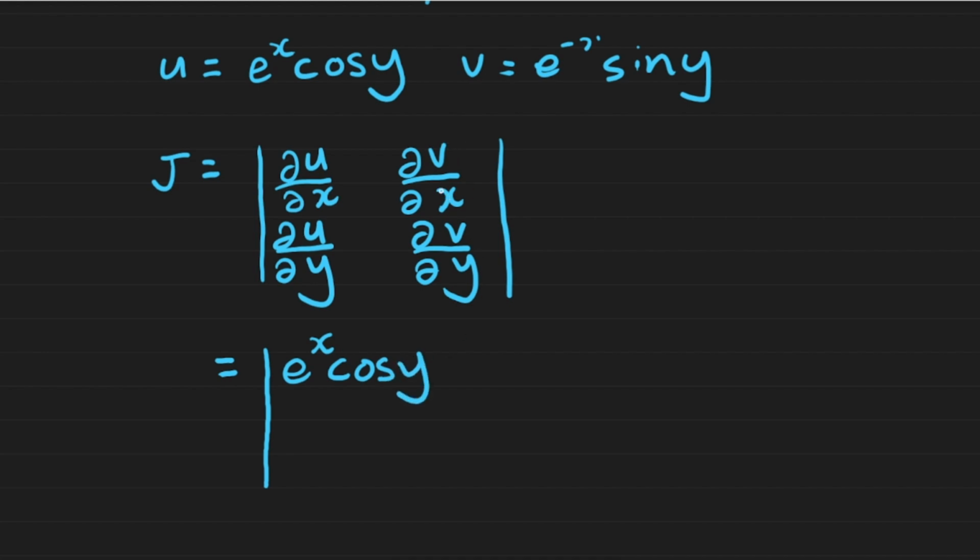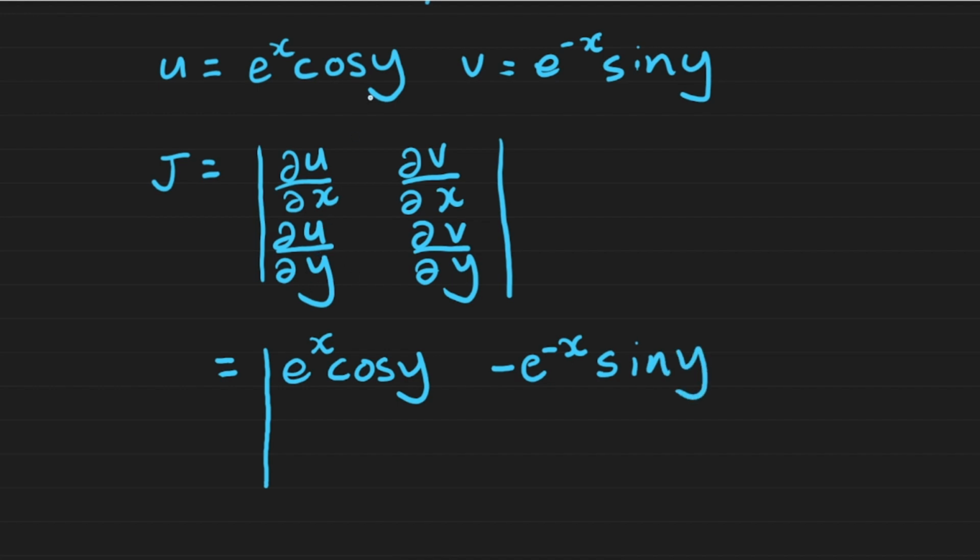Then ∂v/∂x, again, sine of y is going to be held constant, so it's going to be e to the power minus x, and the derivative of the inside function is going to be minus 1, so we have to bring a minus to the front. So it's going to be minus e to the power minus x sine y.